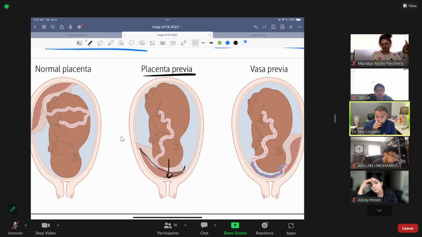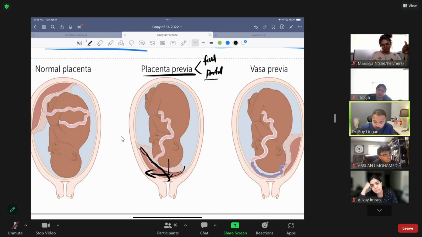Now, when you go to rotations, you will learn placenta previa has two types, full and partial. Okay, what is full and partial? Sometimes they obstruct halfway, but as the gestation enlarges, it will actually move away. Is that clear, folks? If you have a partial and it moves away, during ultrasound we can identify if it moved or not.